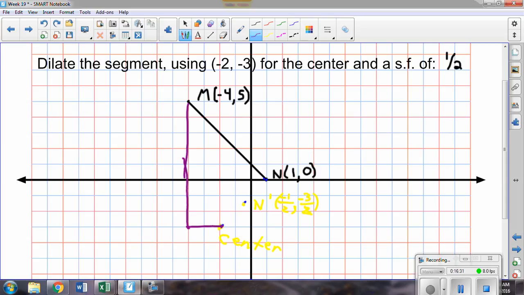All right, so the gap of 2 left needs to be multiplied by that half. How big of a gap is it going to be resized to? All right, so half of 2 is 1. So when we resize the gaps, the new point, the image, is going to be 1 to the left of the center.